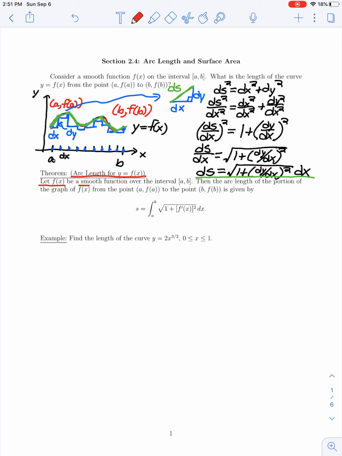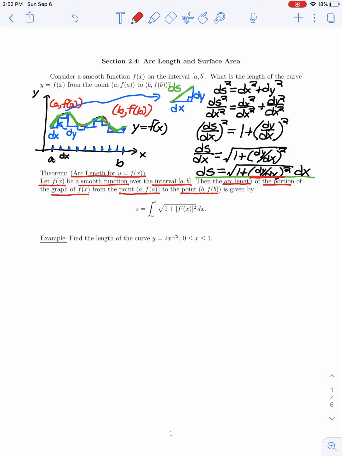If f of x is a smooth function over the interval from A to B, then the arc length of the portion of the graph of f of x from the point A, f of A, to the point B, f of B, is given by lowercase s, and it would be the integral from A to B of the square root of 1 plus, now remember in our formula we had dy over dx squared, which is just the derivative of y.